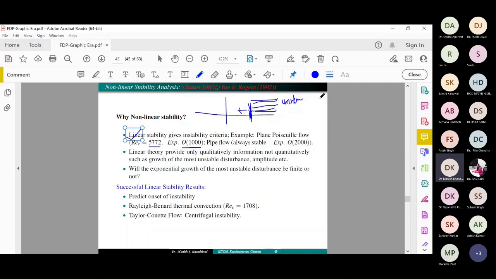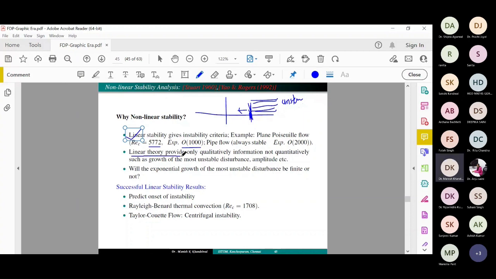So that is one of the successful results in linear stability theory: if we have a point, beyond that point the flow is unstable. That is a major advantage, but below that we are not able to say whether the flow is stable or unstable. That is a major drawback of linear stability analysis. That is one thing.